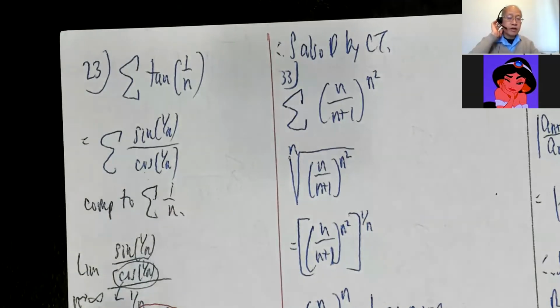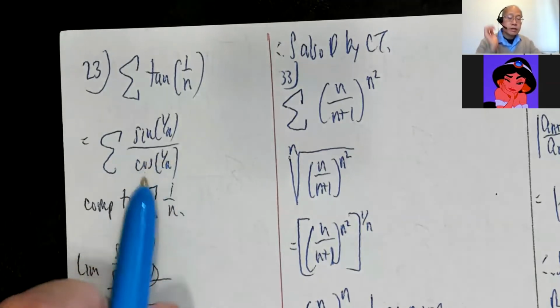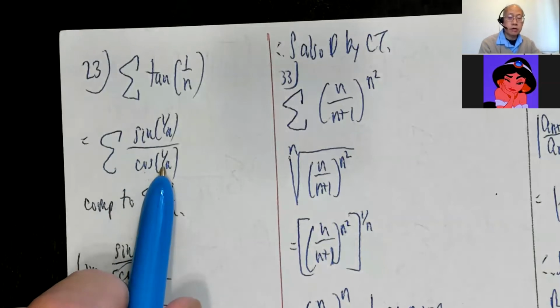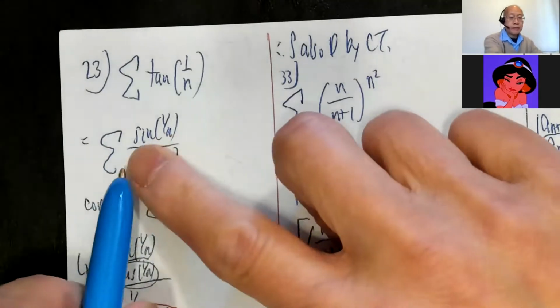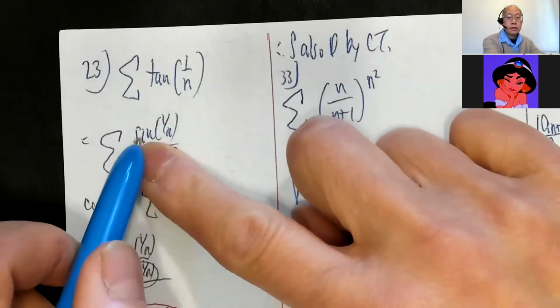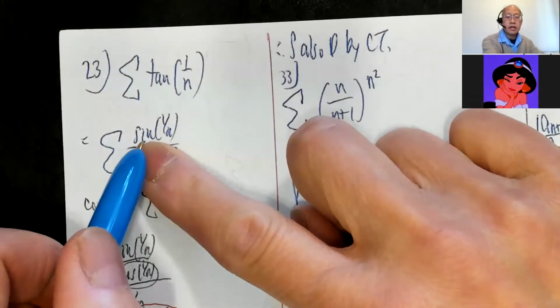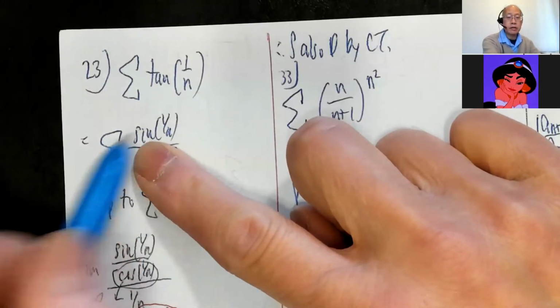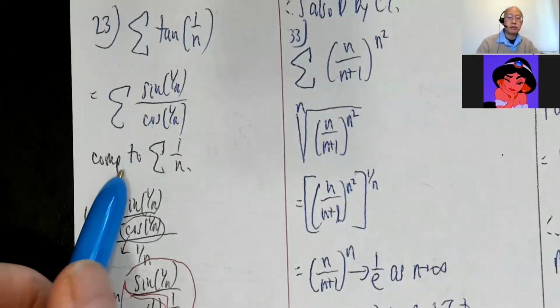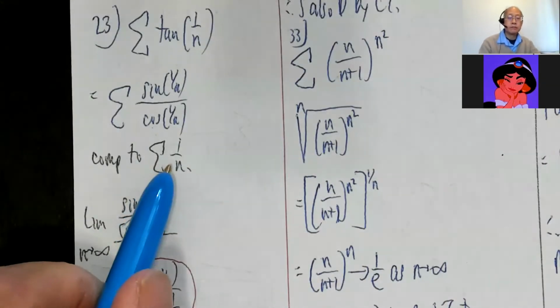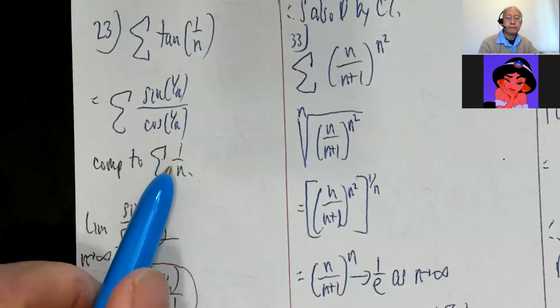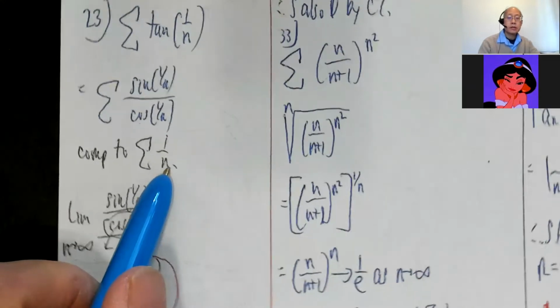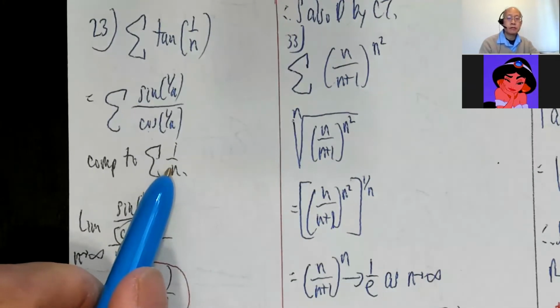So when n is going to infinity, well, this thing approaches cosine of 0, which is 1. So sometimes I can pretend it's like this. Well, in a previous section, we did sine of 1/n. We compared it to the harmonic series 1/n. So the comparison series is summation 1/n. So I'm looking for a limit comparison test.